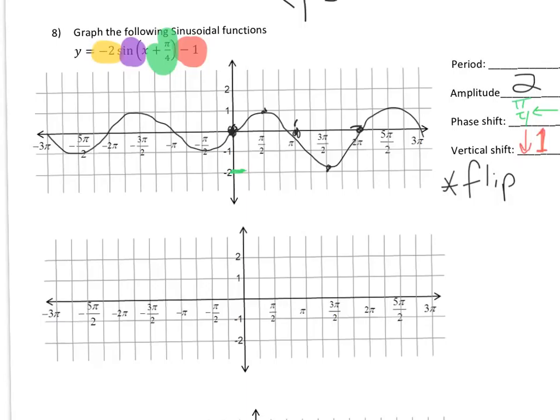Notice we have nothing but a 1. That C number affects the period. 2 pi over C tells us what the new period is. Since C is 1, nothing changes here. We're going to have a period of good old 2 pi. So now we've got some details that help us chart our graph.